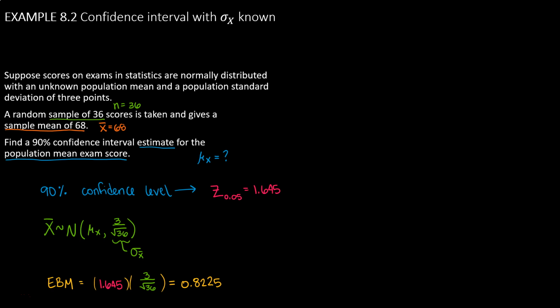That product gives us an error of 0.8225. We will use that error with our point estimate to build a confidence interval.